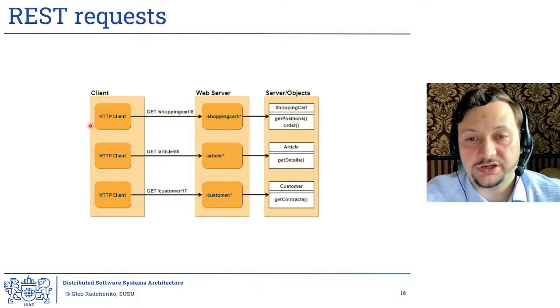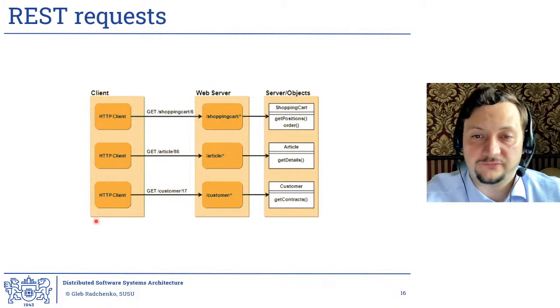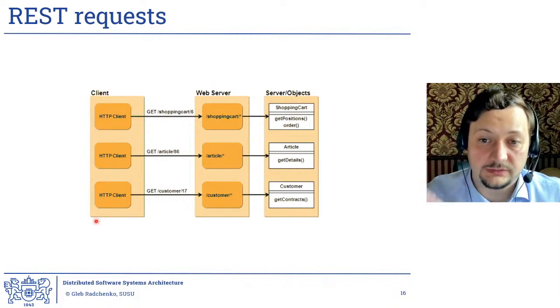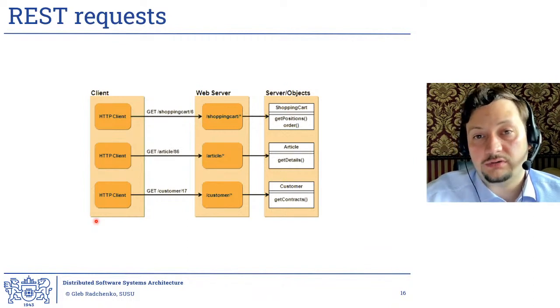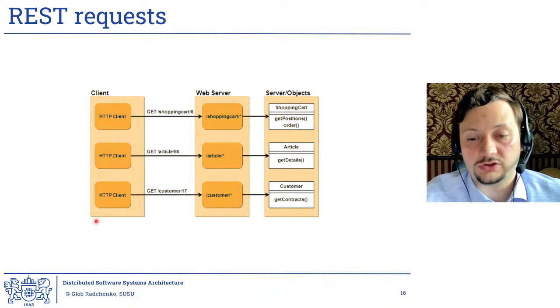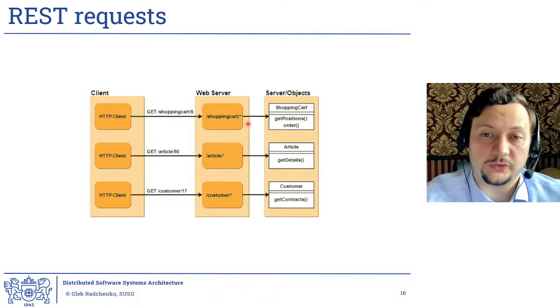Compared to SOAP, REST works very differently. HTTP is used as the foundation of REST. If we would like to read some information about an object on the remote server, we pass the HTTP method get directly to the URL that identifies the object we want to work with.